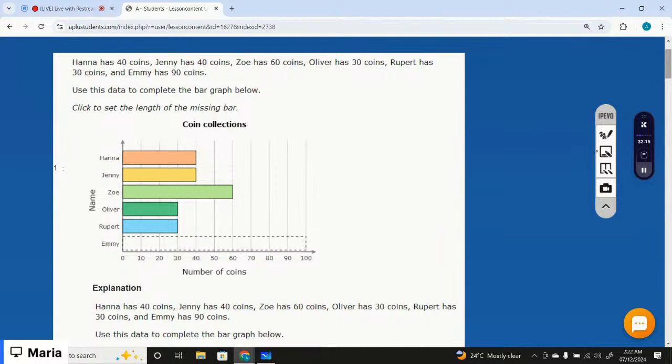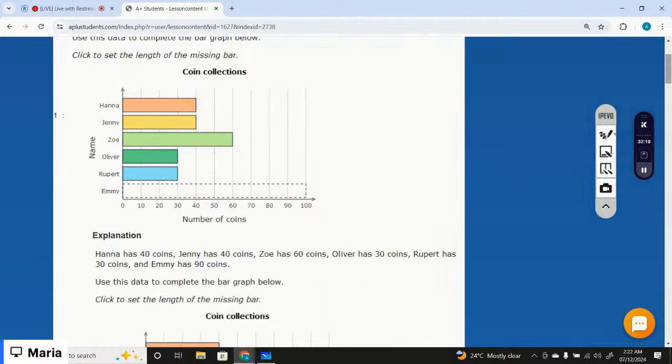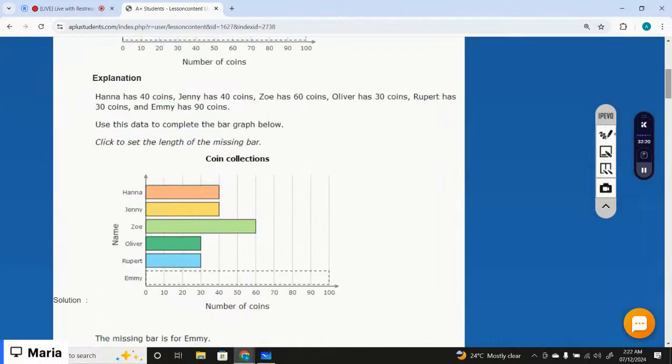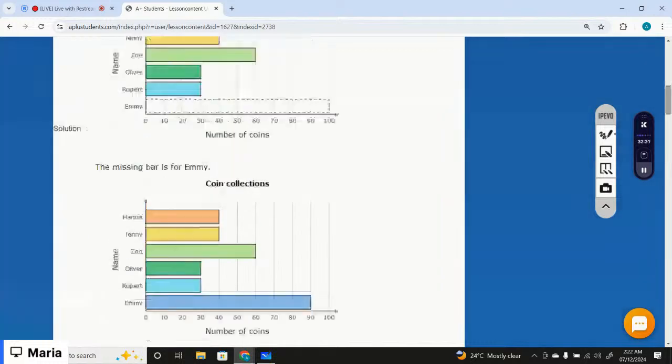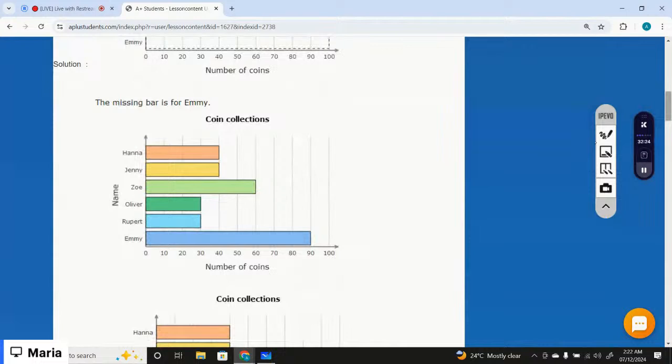Use this data to complete the bar graph. So you have to complete the bar graph, right? According to the given data, one of the bars is missing, Amy's. So Amy has 90 coins.